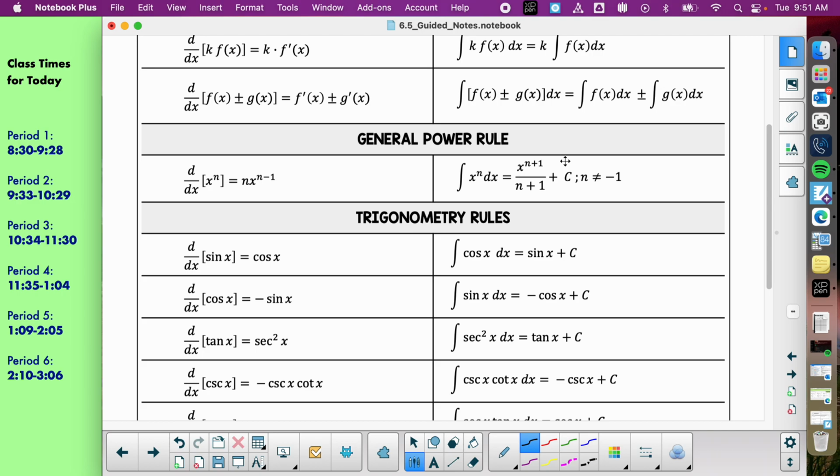Yeah, I did. Pretend I didn't say that. You take the power that was there, multiply in the front, and then subtract 1. When we do power rule for integration, we do the opposite order. We're going to add 1 to the power first, then divide by the new power. So we're going to go the opposite order, opposite operations.